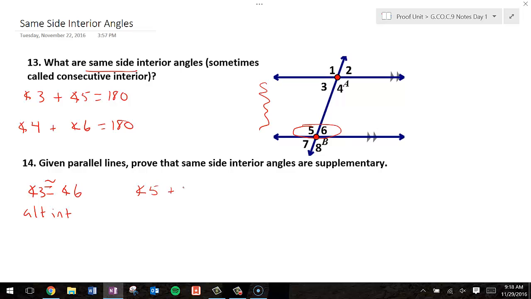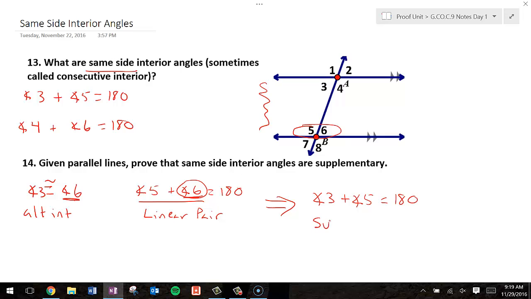I can say that angle 5 plus angle 6 equal 180 degrees because they are a linear pair. They create a straight line. Okay? And I can then substitute my angle 6's. I can take out the angle 6 here and replace it with what I know over here, that 6 and 3 are the same thing. And that allows me to say that angle 3 plus angle 5 equal 180 degrees using substitution.